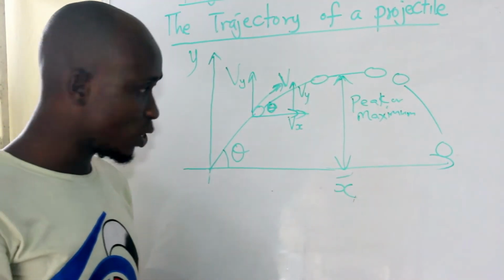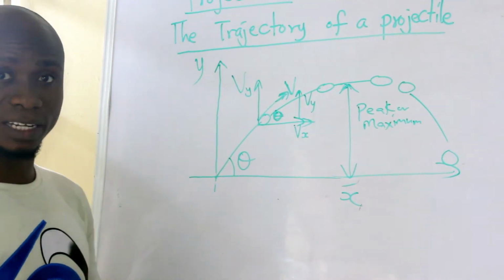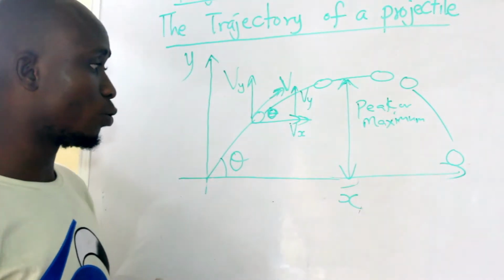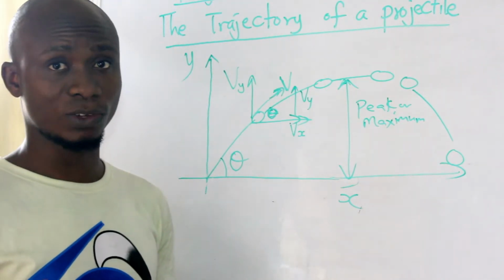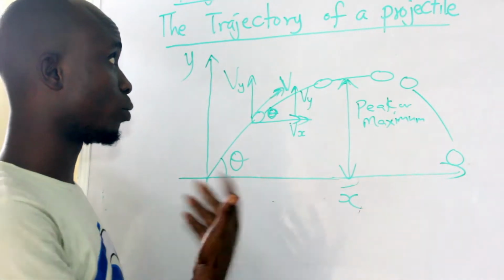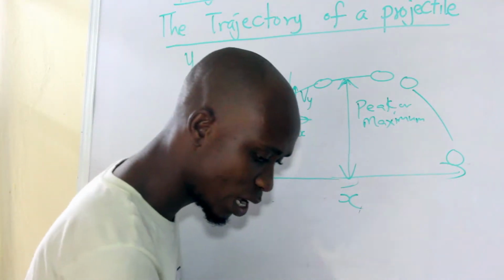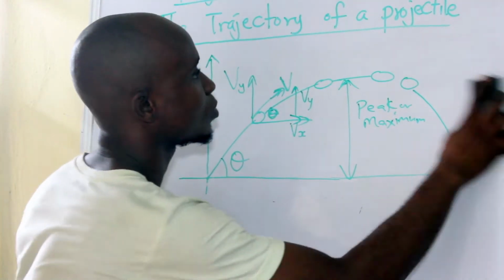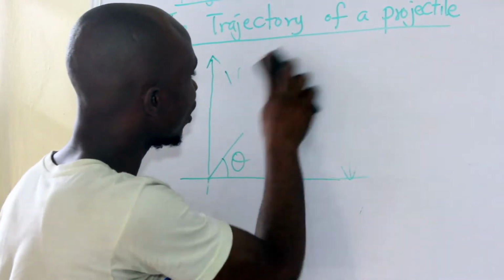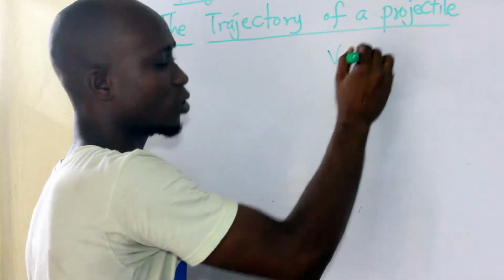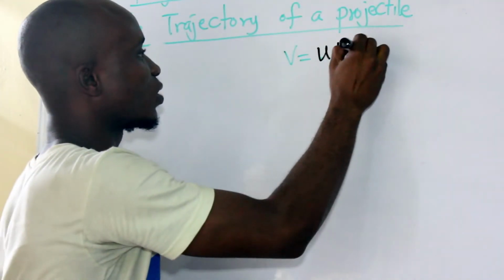So, briefly, let me rewrite the equations of motion which we are going to use to prove that the trajectory of a projectile is a parabola. Now, from Newton's equations, we have that V equals U plus AT.